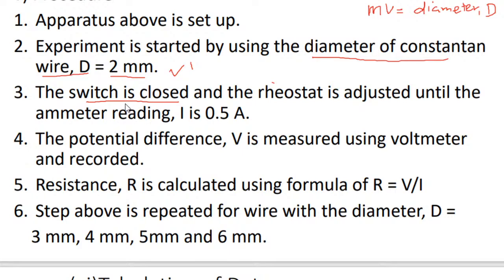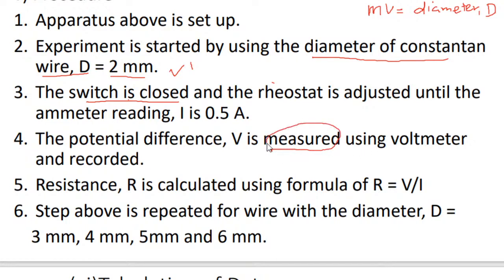If you don't close the switch, meaning the switch is not on, then how do you get a reading? This must be a priority. If it is an electric experiment, make sure you write the switch is closed or the switch is on. Right, rheostat adjusted until the ammeter reading is 0.5 ampere, and then potential difference V is measured using voltmeter and recorded. This one is also a keyword.